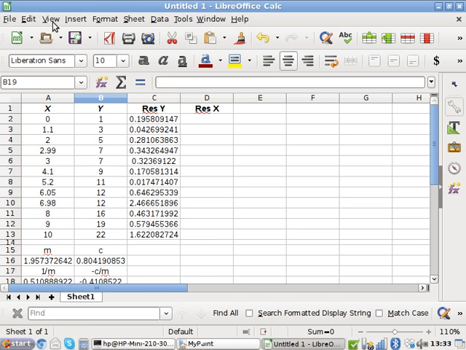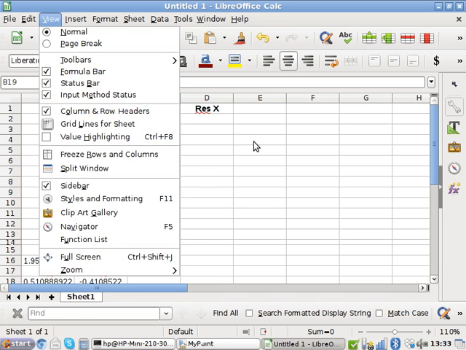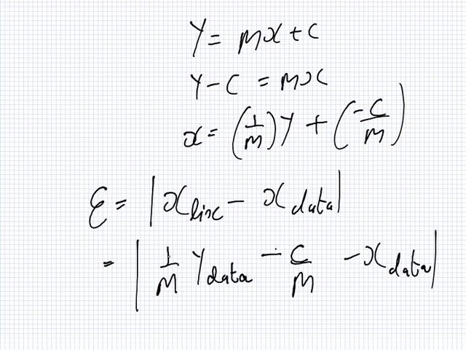Can I put this on full screen to make it a little bit clearer? Let's see. No. Oh, I do. Minus c over m. It's trying to change it. Yeah.